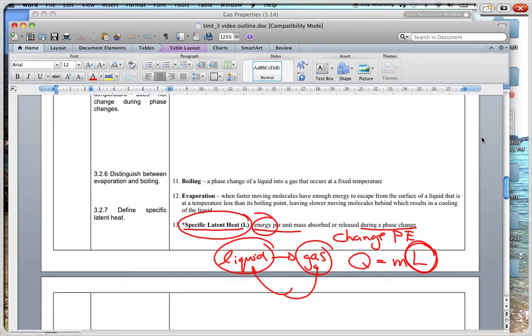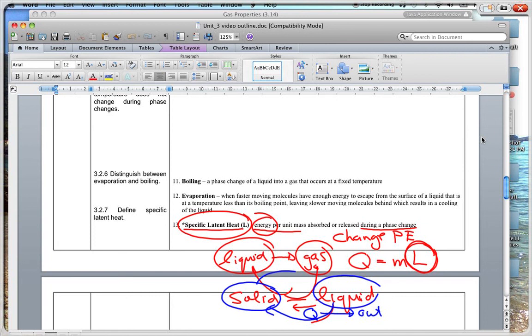It's the same when you're going from a solid to a liquid, or vice versa. When going this way, heat is given out, because the solid has a lower potential energy than the liquid.